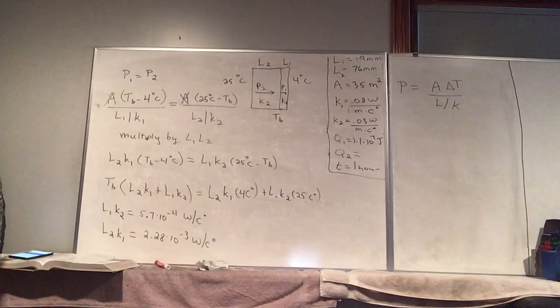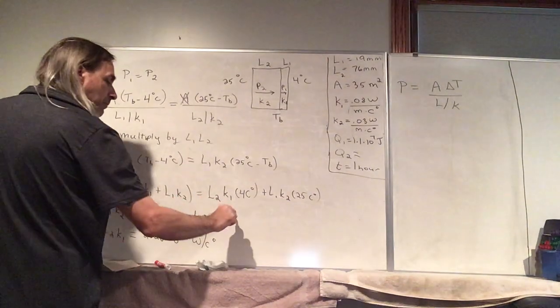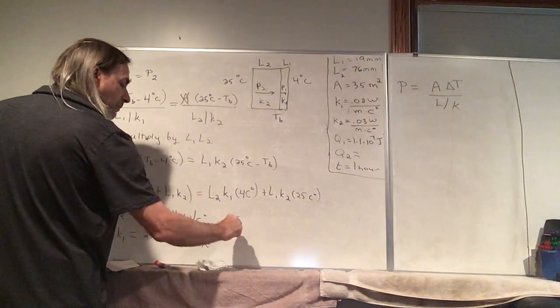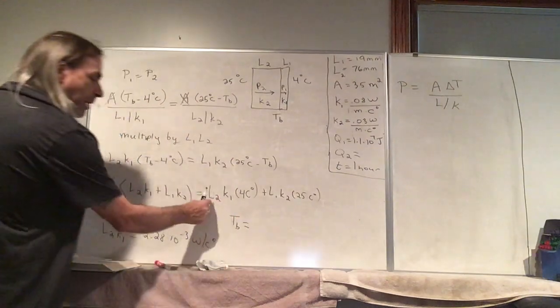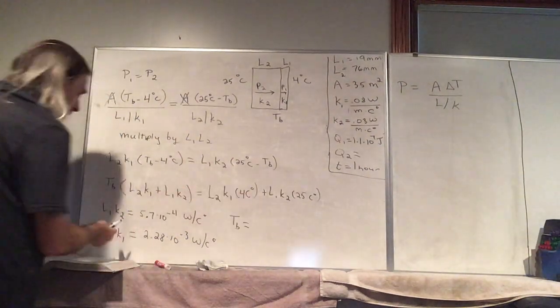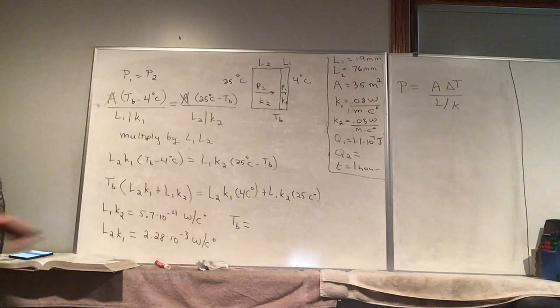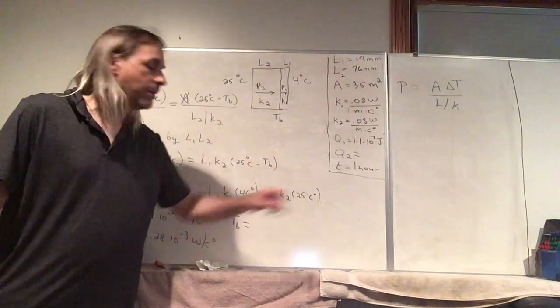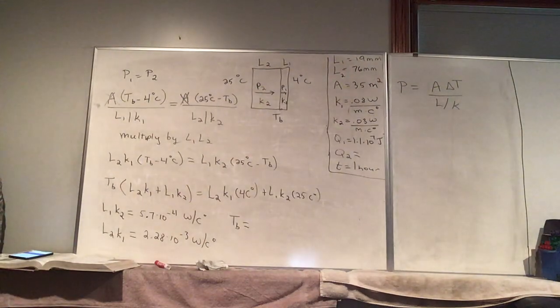And so now let's put everything together. So we have this term, L2K1 times 4. That's Celsius degrees, so we're going to get watts. Both of these terms are going to be in units of watts. So L2 times K1, we've got that already. That's 2.28 times 10 to the negative 3 times 4.